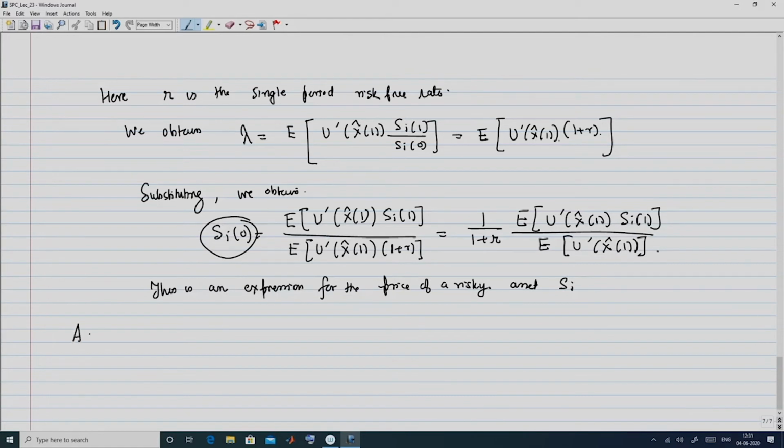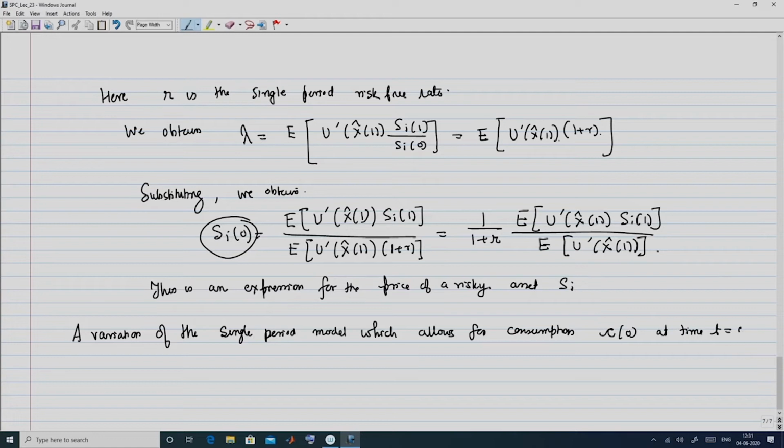Okay, so just one last observation is that a variation of the single period model, which allows for consumption C of 0 at time t equal to 0, results in the problem: a supremum over delta of u1 of C0.